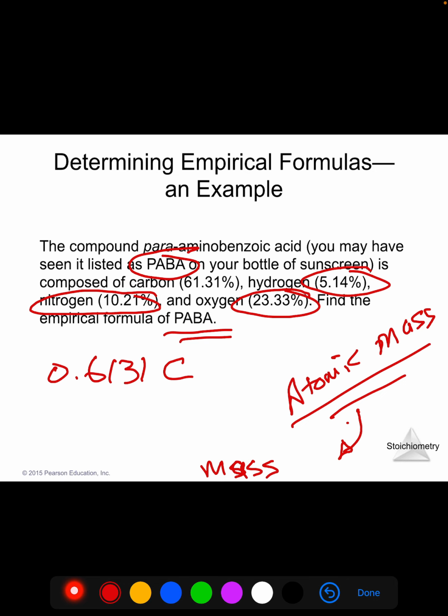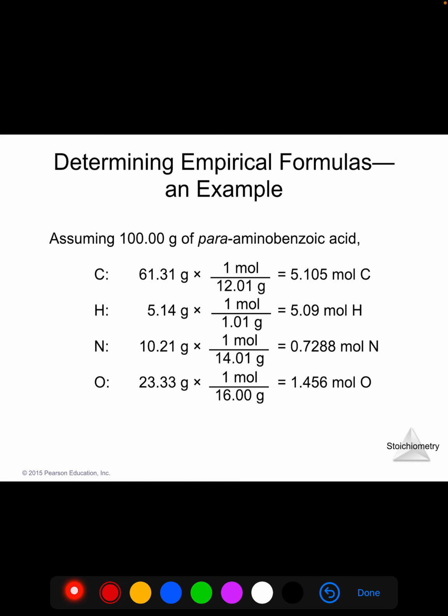I'm also going to show you this later with a little aid called a mole map till you get used to doing this. So, I assume I had 100 grams of it. If 61% of it is carbon, that means 61.31 grams is carbon. Carbon has atomic mass of 12. So if I divide 61.31 grams by 1 mole of carbon, which corresponds to 12.01 grams of carbon, in other words, divide it by 12.